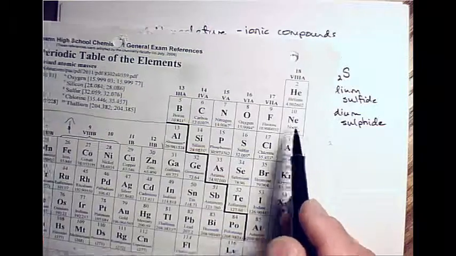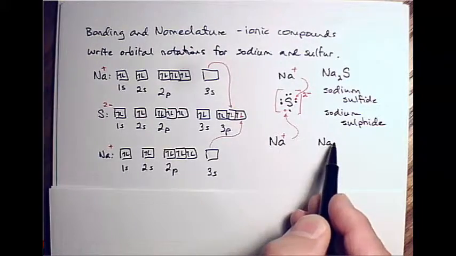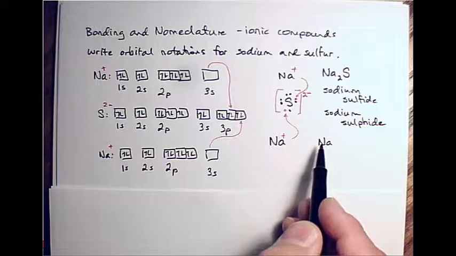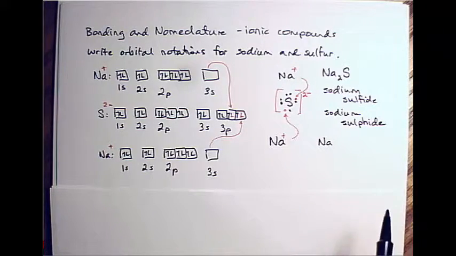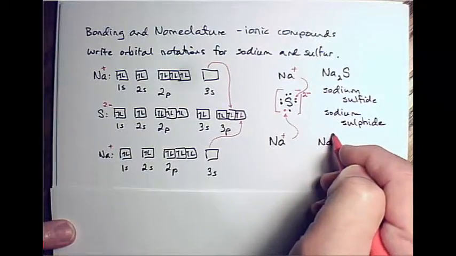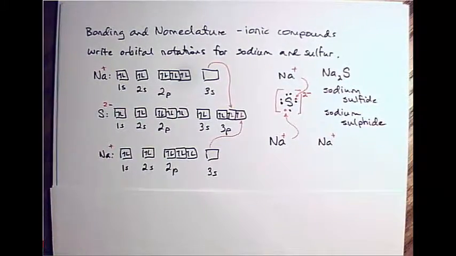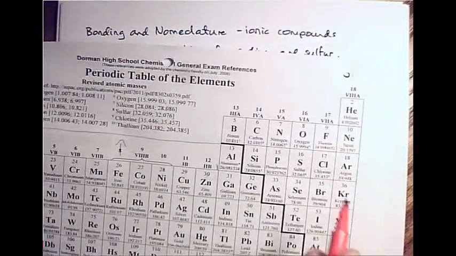Okay? So by getting rid of 1, we know that we can follow that octet rule, but if we get rid of 1 electron, then sodium is going to have a 1 plus charge. So we're inferring a 1 plus charge on the sodium. Before we do anything, we're going to go ahead and infer it's going to have a 1 plus charge. Okay? If we go over here to sulfur, it's right here.